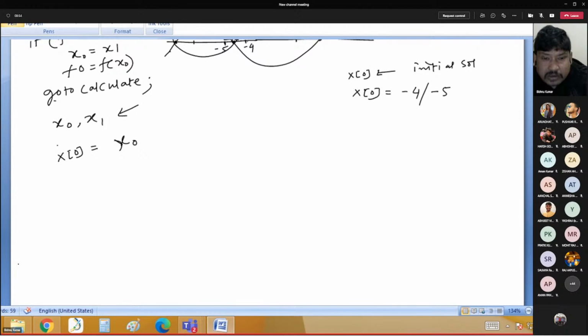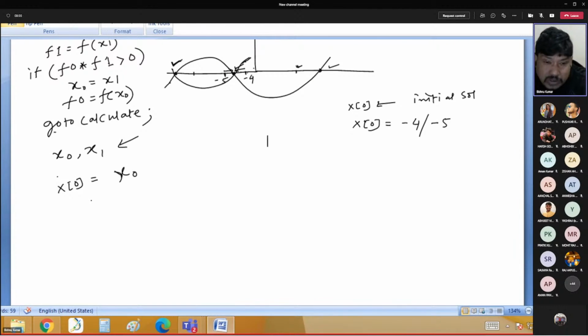Then your logic is the formula calculation within a loop. Suppose you are doing a lot of iterations. Suppose a for loop, i equals 0, i less than some limit. You are thinking the rate of convergence in the Newton-Raphson method is high. So practically after 7, 8 or 10 iterations, I am confident you will get the result.